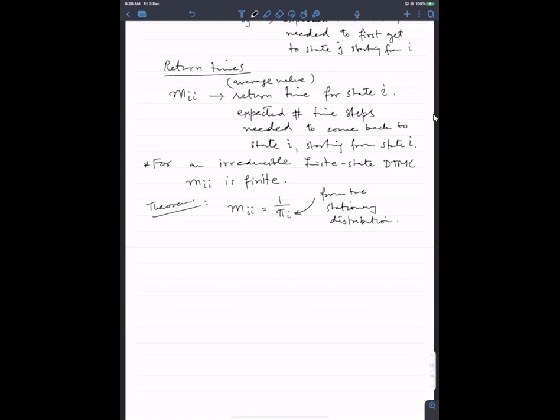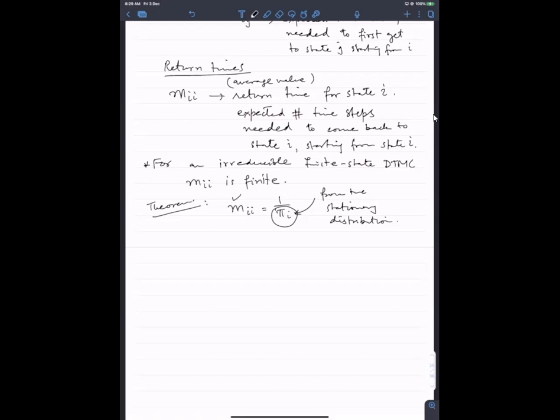Now, this makes a little bit of intuitive sense. Pi i is the probability of finding yourself in state i. If pi i is very large, that means you should be coming back to that state very quickly.